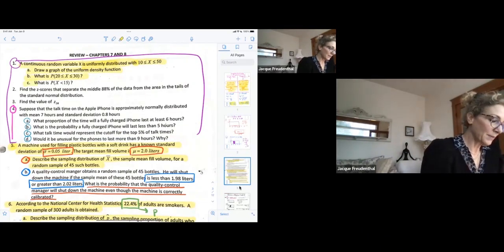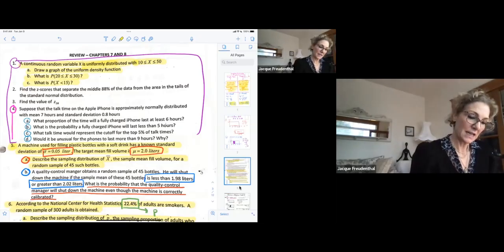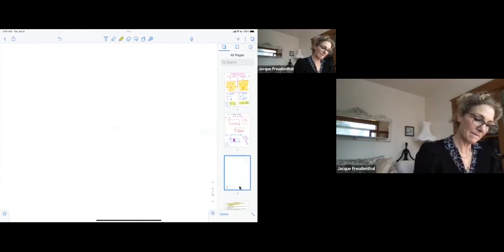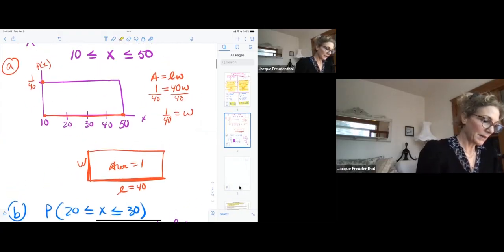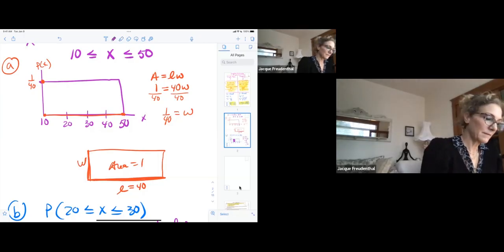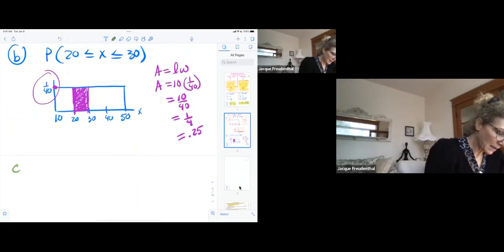Part C is, what is the probability that X is less than 15? X is less than 15. So I'm going to use my original diagram. Part C, probability that X is less than 15.